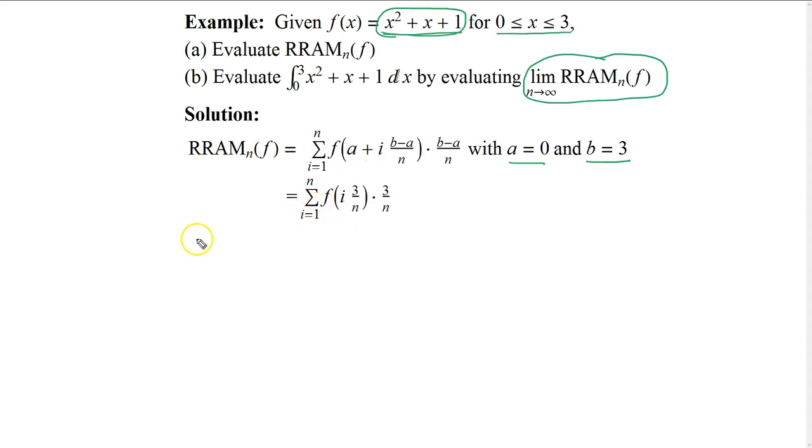So evaluating this, we get... now we evaluated the function f of i times 3 over n, and it's this piece right here.